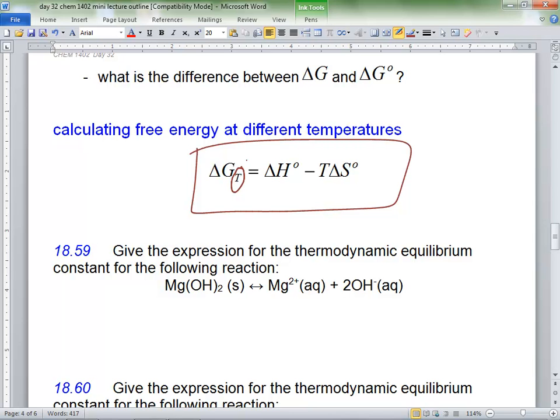Delta G at that temperature is, and then you calculate it. Where do you probably get these two? The tables, because you see the zeros. So you just plug in the temperature, in what units probably?